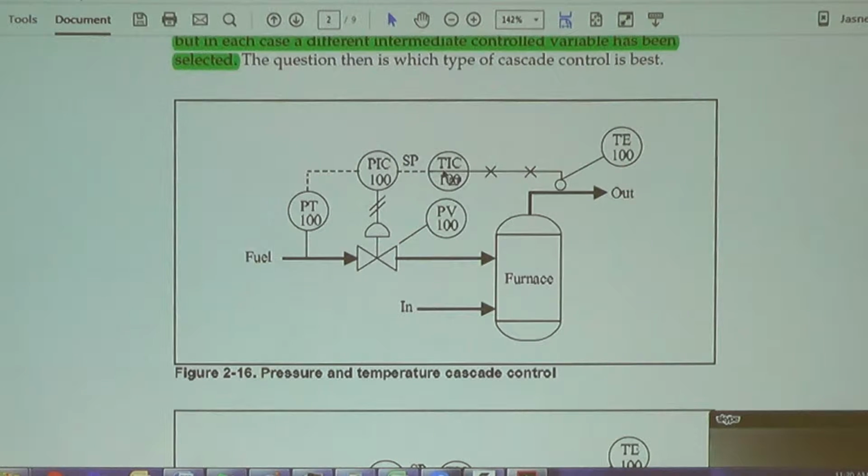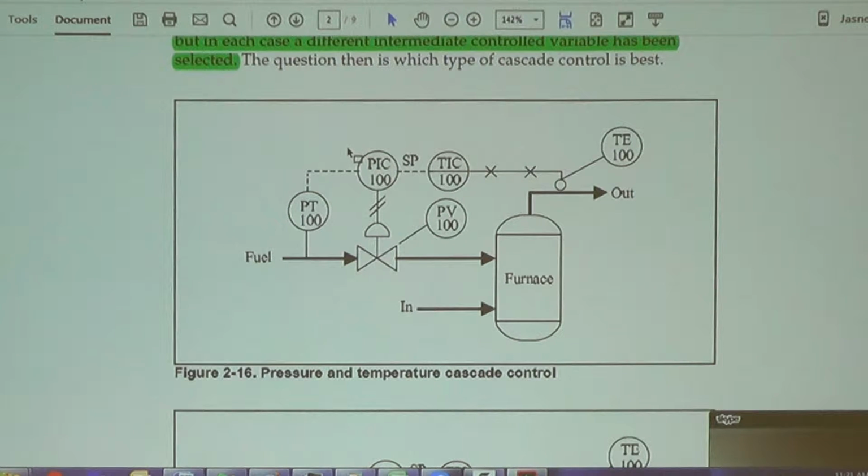What are we trying to control here? We are trying to control the fuel which is going in, to control the temperature of the furnace. Now, which controller is actually controlling the control element? That is the PIC.